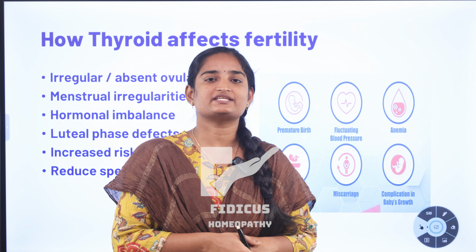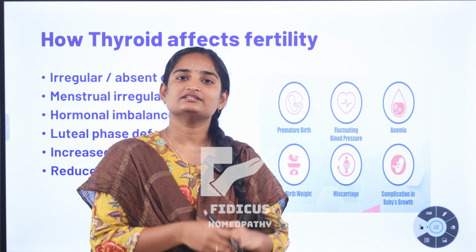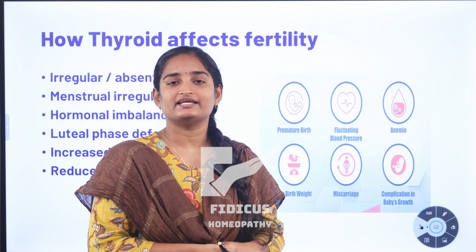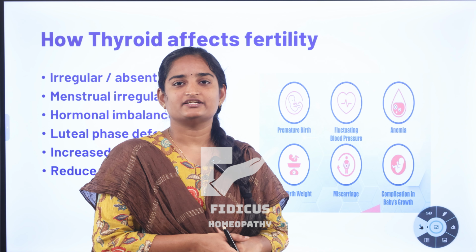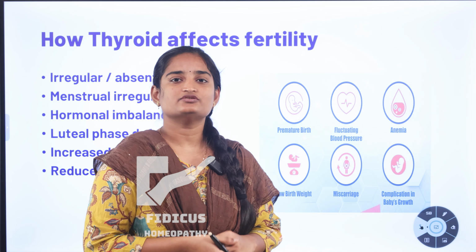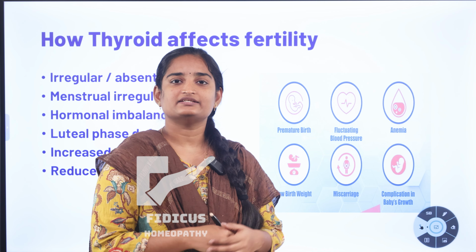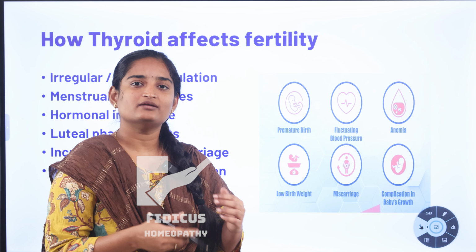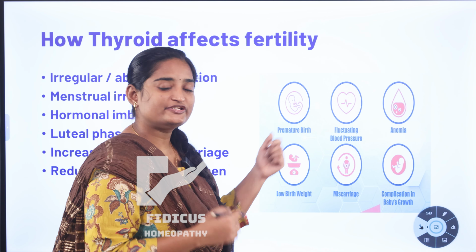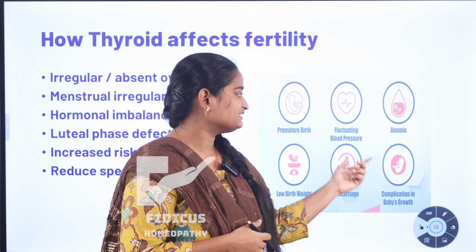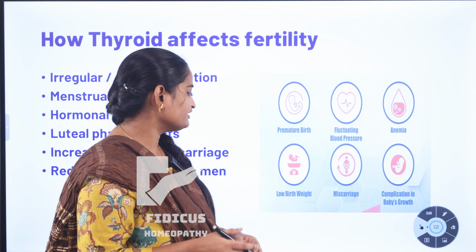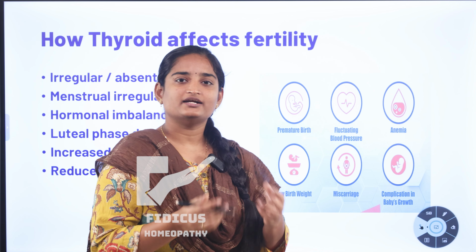This leads to early miscarriages, and in some patients it may increase the risk of miscarriage due to improper implantation. Along with this, it can also affect the continuation of the pregnancy and lead to complications like premature birth. Fluctuating blood pressures may be seen in thyroid dysfunction, along with low birth weight babies and some complications in the growth of the baby.